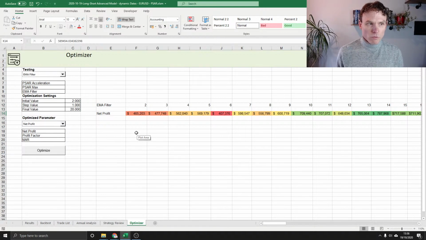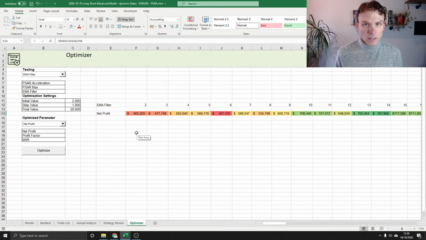Now I want to very briefly state about optimizers that I do not believe that when I am testing the settings, finding the best settings from a backtest, that I am optimizing a strategy to be able to perform at that level. What I'm doing is finding the best settings from a historical period.